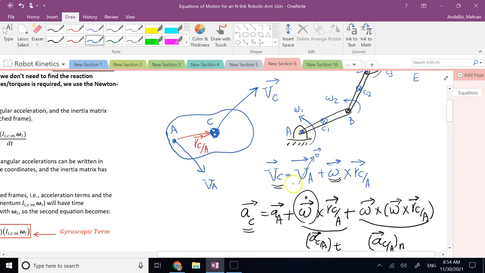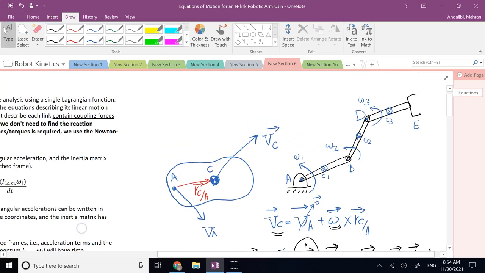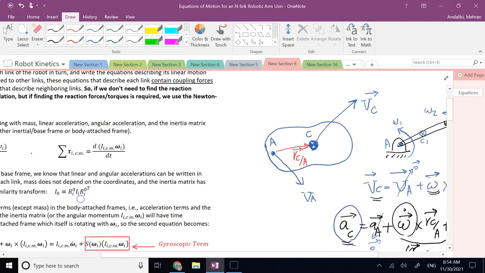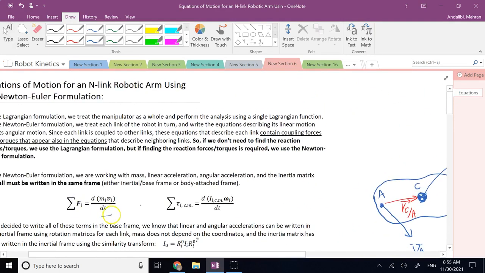We know the stationary point on the base has a v of 0 and a of 0. So we start from there and then go one by one all the way to the last link, and we calculate the velocities or the accelerations of all of the centroids. Especially the acceleration is what we care about, this one. Why? Because that is what you will see in this formula.